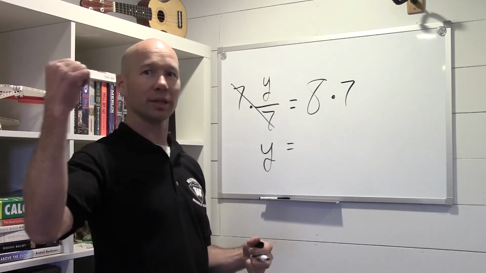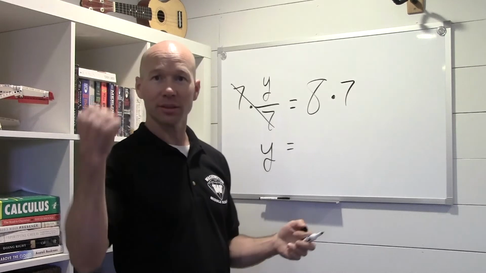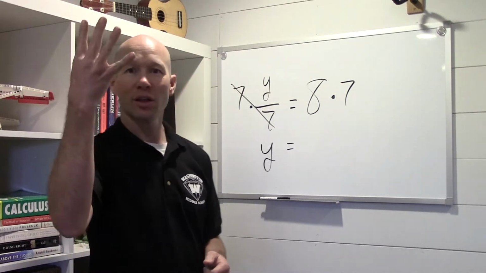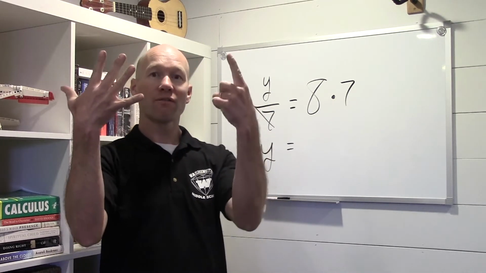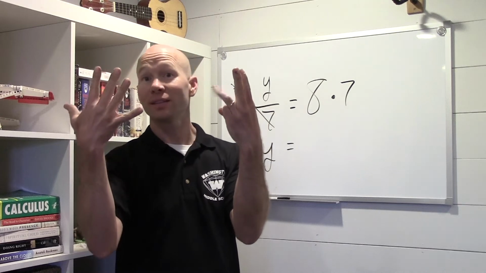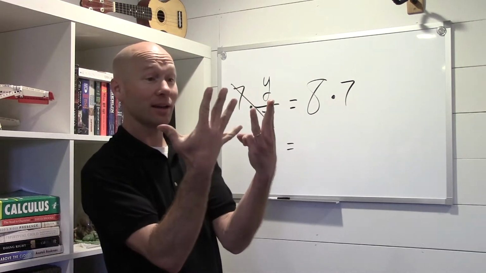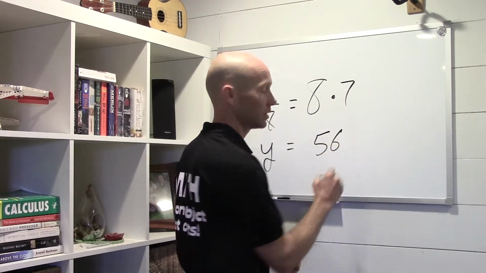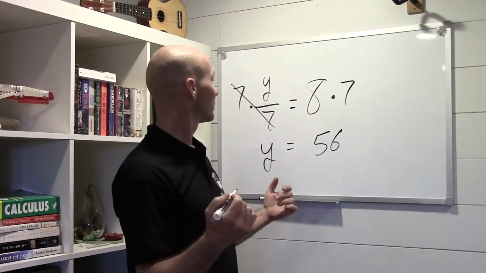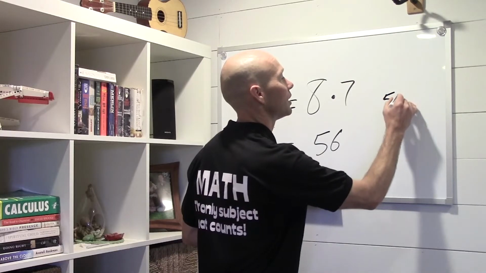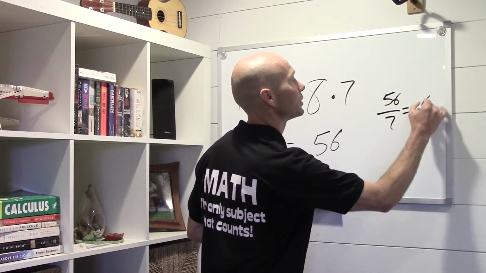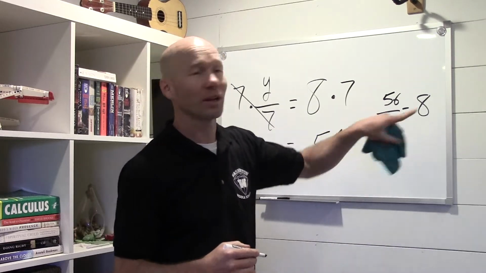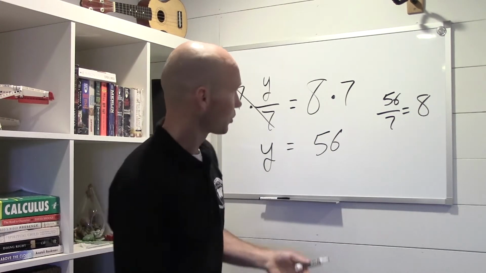We can count by 7: 7, 14, 21, 28, 35, 42, 49, 56. That is 8 groups of 7. We have 56. Y equals 56. Is it true? 56 divided by 7 equals 8. And it is true. We've proven ourselves correct.